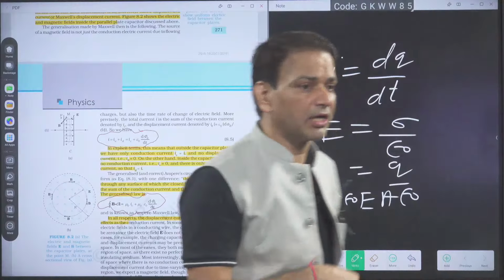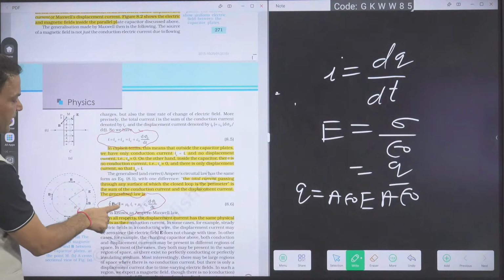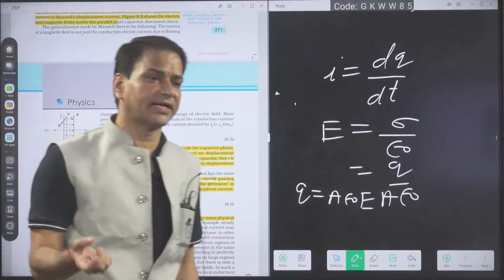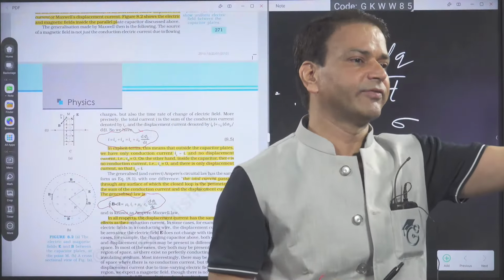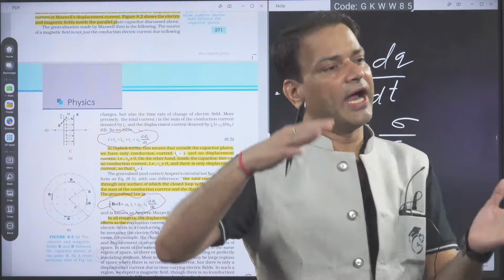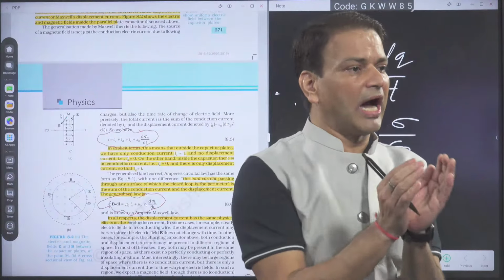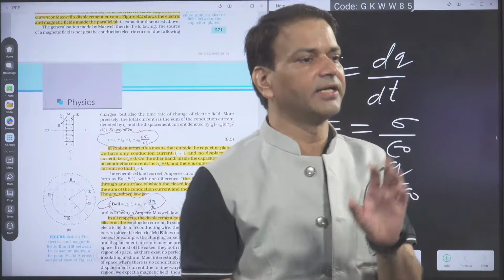That's why Ampere law we are writing as B dot dl is equal to mu naught into (IC plus ID). So outside the plate, we are getting the magnetic field due to the conduction current, and between the plate, we are getting the magnetic field due to the displacement current. So in the place of I in the Ampere law, we will use IC plus ID.